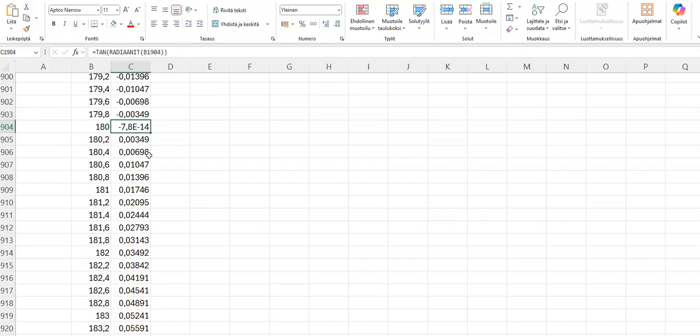I don't know, maybe one of you may know better than me, but let's just assume that this means exactly 0. As you can see, the numbers above and below it are very near zeros. So this number is exactly 0, even though it doesn't seem like that.